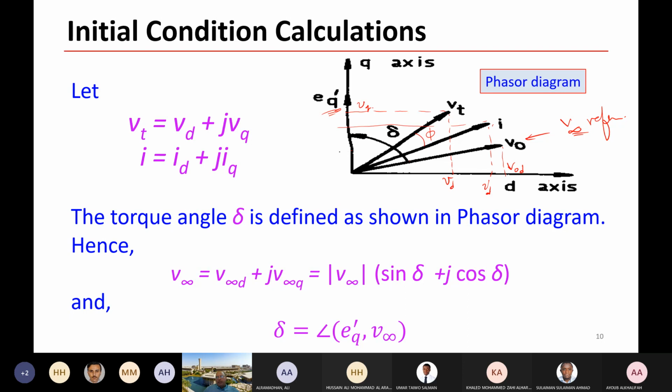When you have this machine, you have Dx and Qx, right?